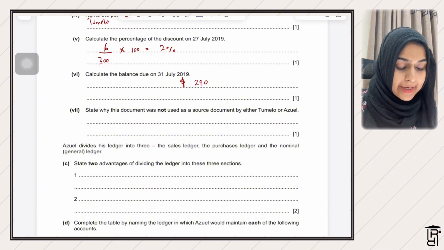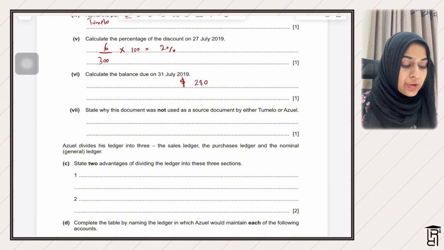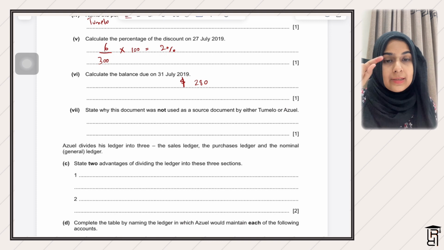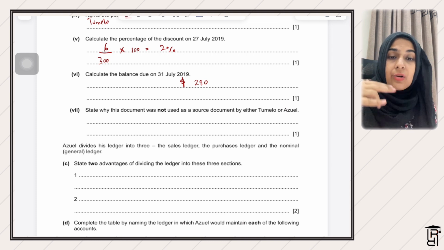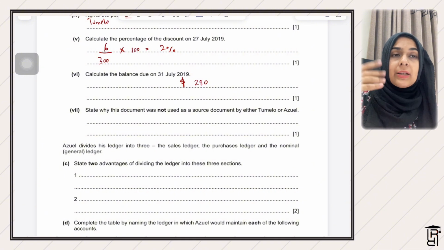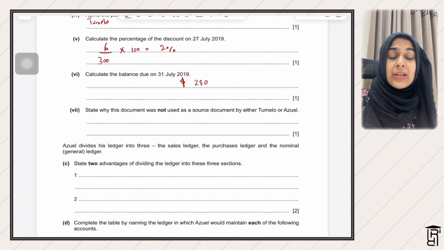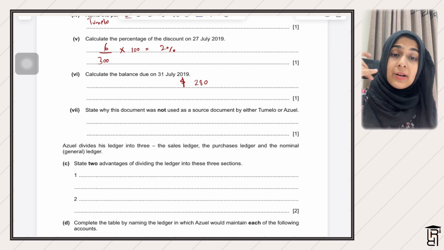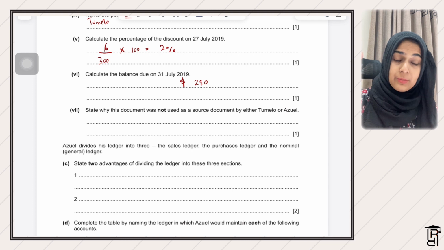Then they're saying state why this document was not used as a source document by either Tomelo or as well. One thing you should know is that a statement of account is not recorded in any book of prime entry. The reason is that the objective of issuing a statement of account is just to remind the customer of the amount due, number one, and summarize the transactions for the customers.